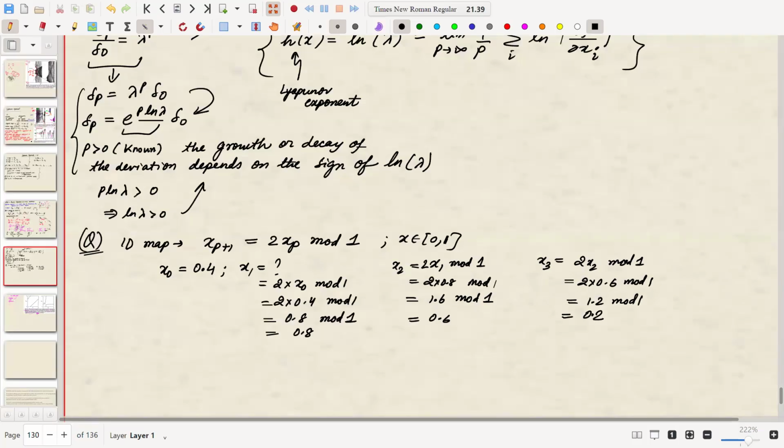Got the idea? Divide by 1, take the remainder. Everyone got that 1.2 mod 1 is 0.2? 1 times what is 1.2? So this is just 0.2.